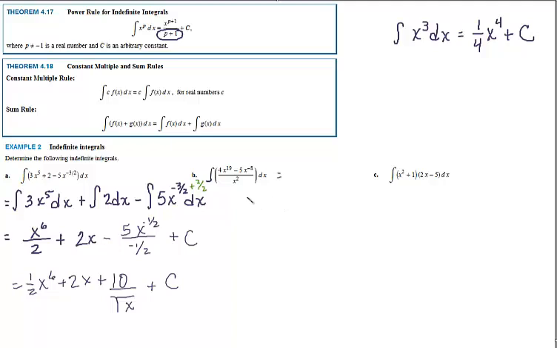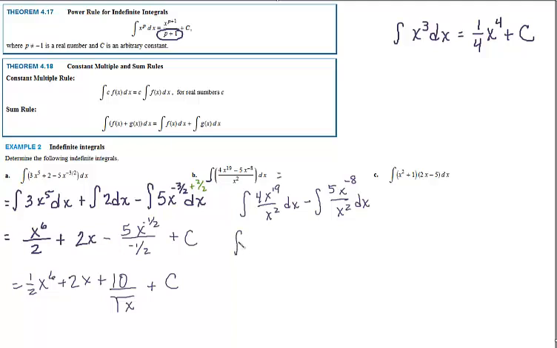I'm going to go ahead and do my division here and get the integral of 4x to the 19th over x squared dx minus integral of 5x to the minus 8 over x to the 2nd dx.